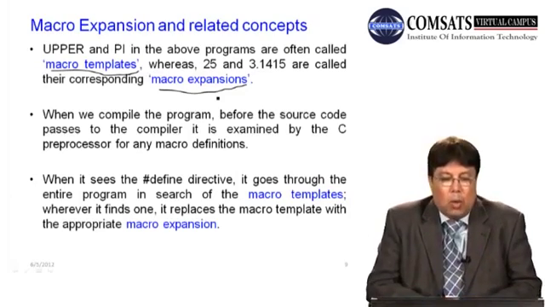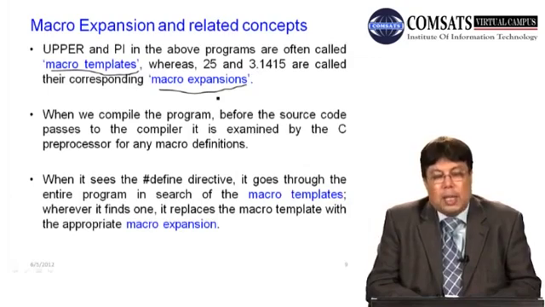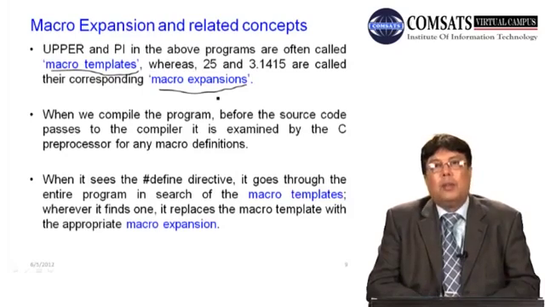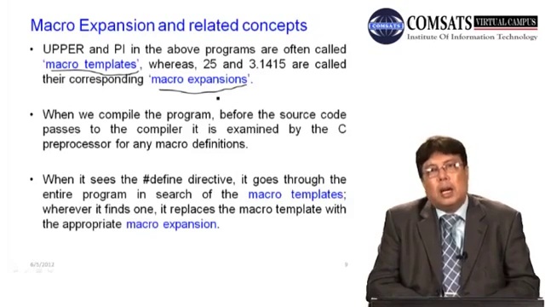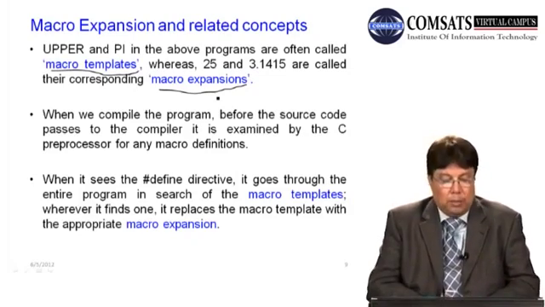The C compiler will not see UPPER and PI, but rather their macro expansions. And what is a macro expansion? 25 and 3.1415: the C compiler will be able to see the constant values that are associated with the macro template.